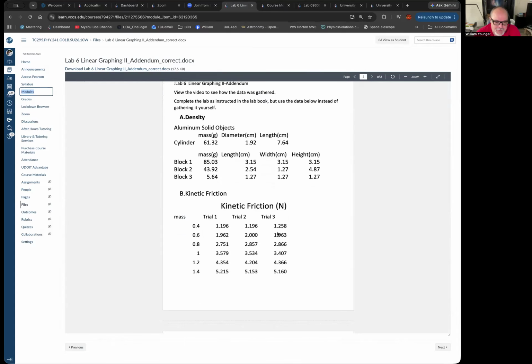We're not supposed to do that. If memory serves me, the 0.4 is kilograms, and the 1.196 I want to say was meters, but I might be wrong on that. It might have been velocity or something like that. But the main thing is whatever that unit is in SI, that's what these units should be.